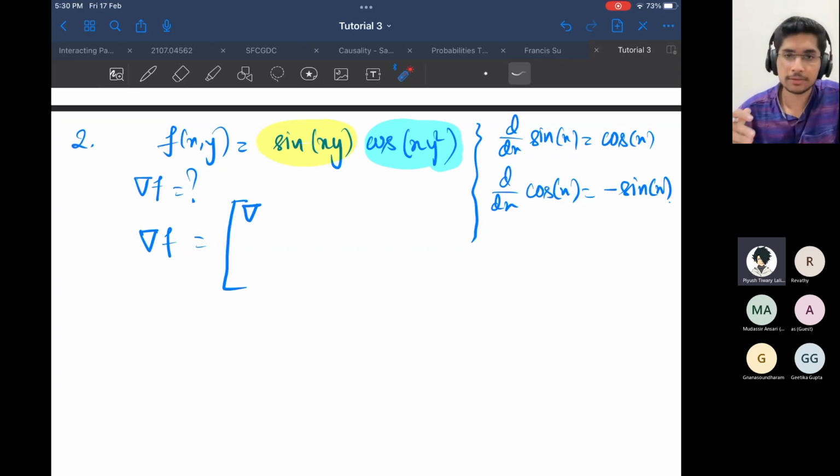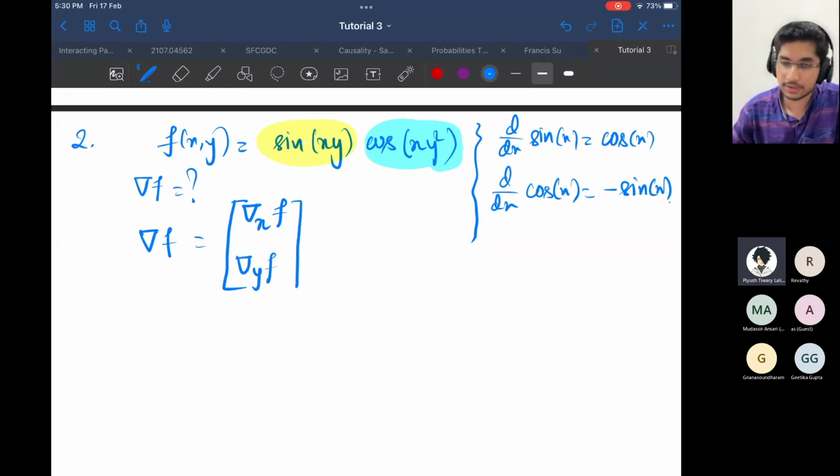The way gradient is defined for a multivariable function is that you take the differentiation first with respect to the first variable, which is x in this case, then with respect to the second variable, y, and you stack them in a vector. This vector is your gradient.